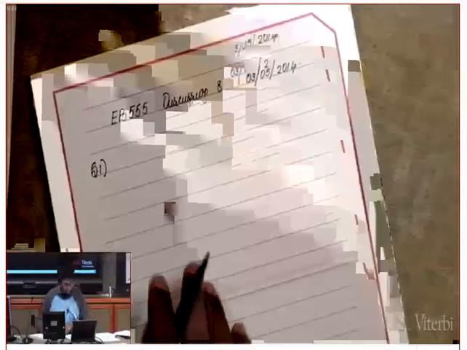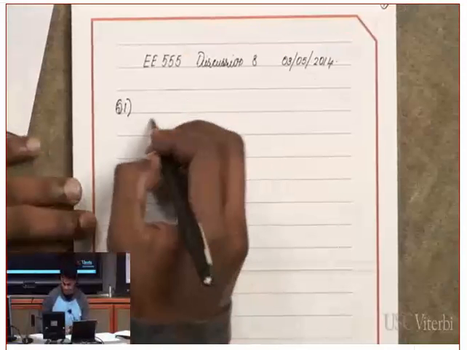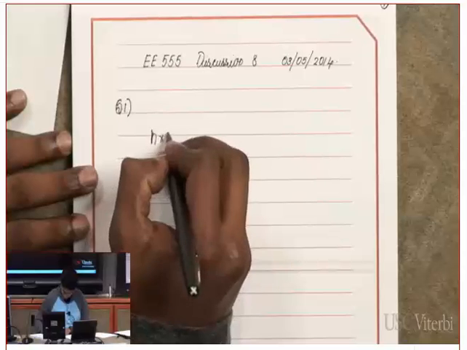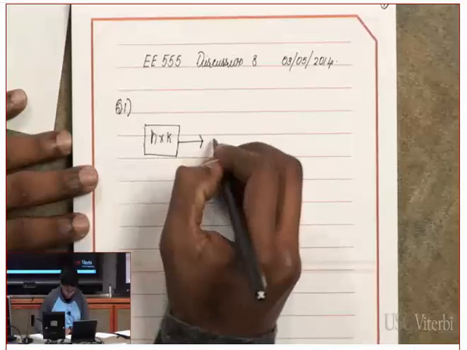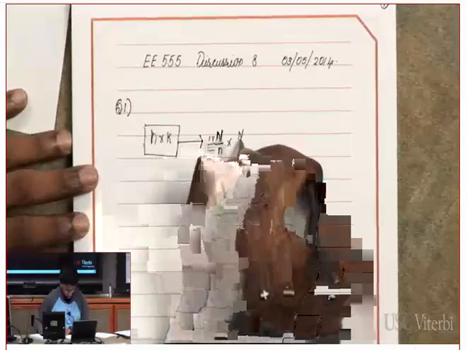So let's first define what a three-stage switch is. It can roughly be represented in this form. You have an n cross k switch, which connects to an N/n cross N/n switch, which connects to a k cross n switch.